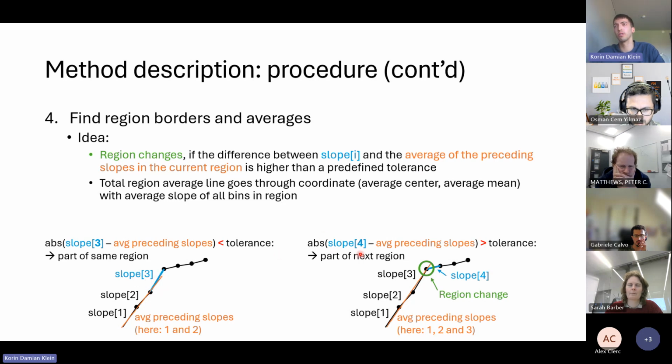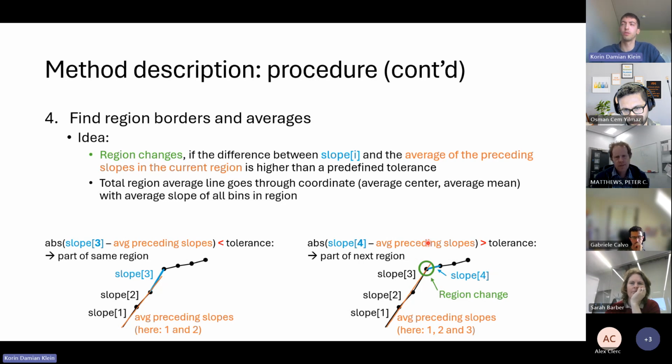Moving on to slope 4, which is this slope up here, we again calculate the difference between slope 4 and the average of the preceding slopes, but this time slope number 3 is also included in this average. This time, the difference exceeds the tolerance we have predefined, which means the method says there is a region change between slope 3 and 4, and slope 4 is part of the next region.